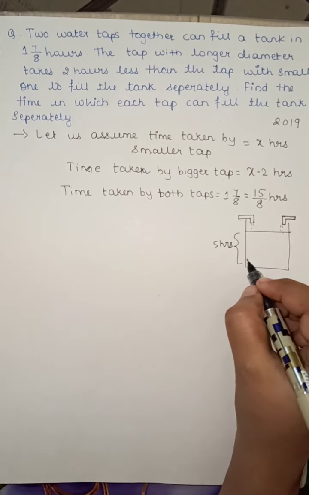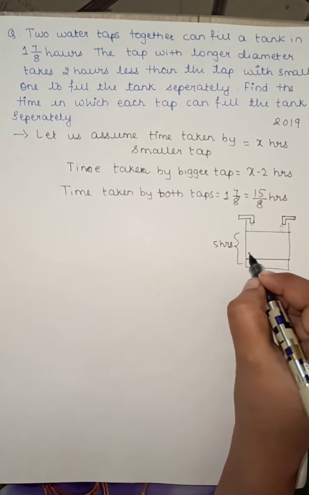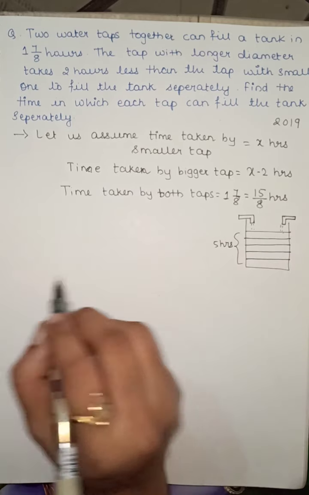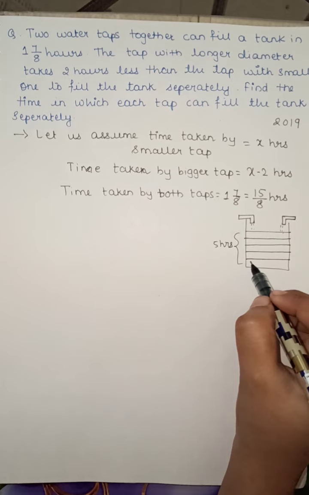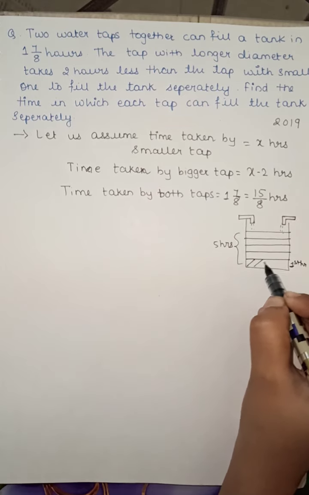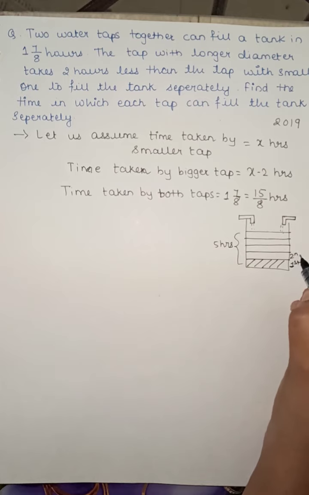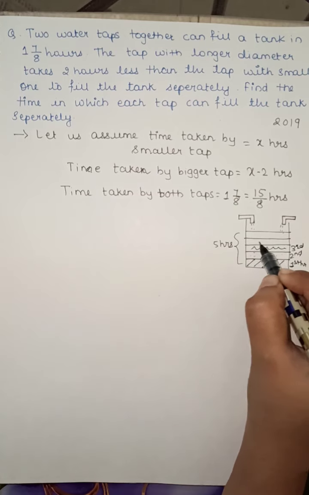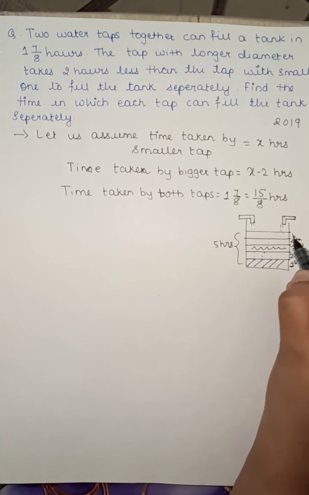Now 5 hours means I will divide this into 5 equal parts. So 1, 2, 3, 4 and 5. It means in the first hour it will fill this much portion, whereas in the second hour it will fill this much portion, in the third this one, whereas this in the fourth and this in the fifth.